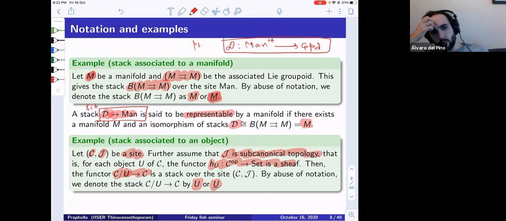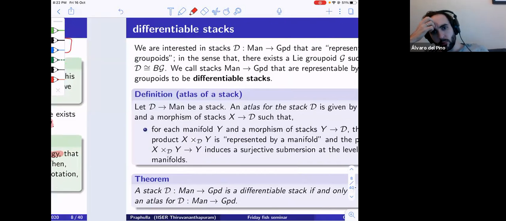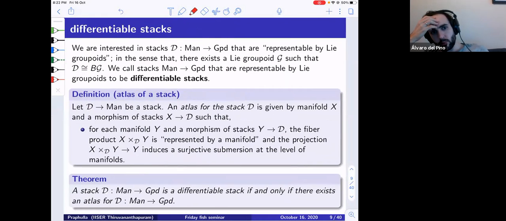So this is the setup of stacks. Now we are interested in stacks where we can do some differential geometry. For that, we need to put an extra condition on the stacks we are considering. The condition is that those stacks, which again I'm seeing as pseudo functors, are representable by Lie groupoids.